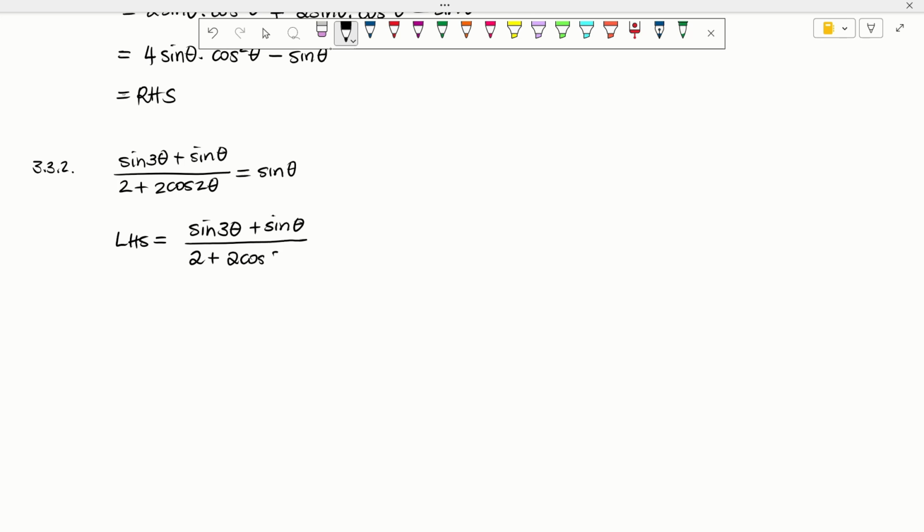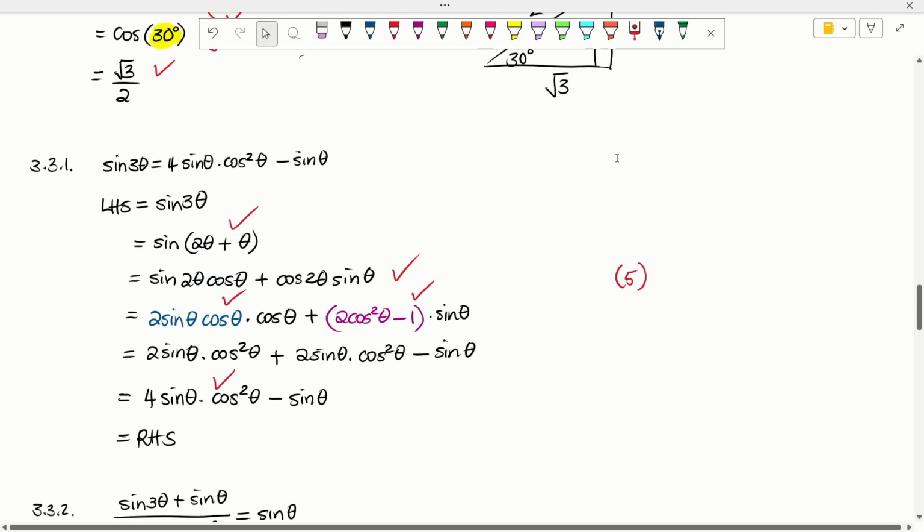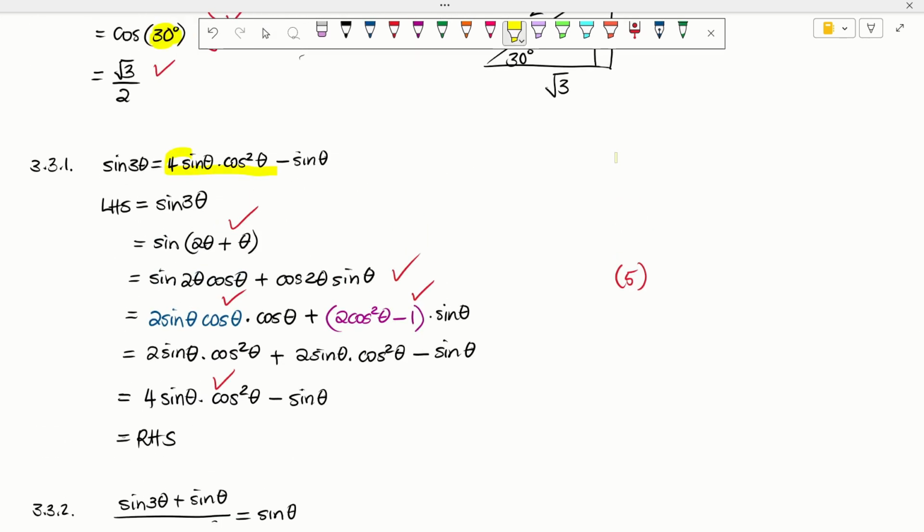But first I need to write out the left hand side fully, and then I'll say, okay, sine 3 theta, which I'll highlight right here, is equal to this guy right here. I just proved that identity. That's why they say hence or otherwise. It's equal to that guy right there. So I'm going to put that as that.